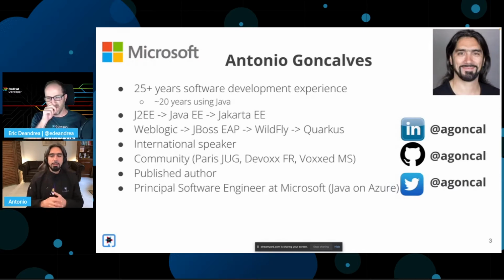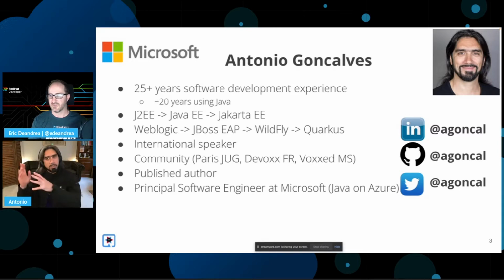Well, my name is Antonio Goncalves, and as Bruno said, I'm from Microsoft. I'm a principal software engineer at Microsoft, even if I have this Quarkus jacket. But why do I have this jacket? Because I've been developing for many, many years, and most of it in Java EE. I follow the entire J2EE and Java EE and Jakarta EE thing. And in terms of runtime, same thing, WebLogic.